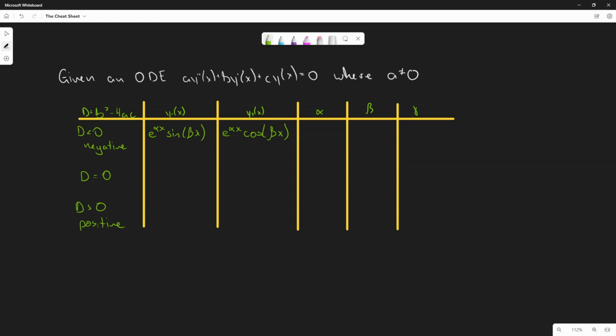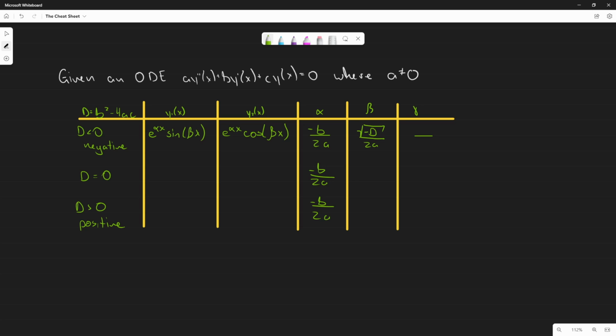It will be negative b all over 2a. Our beta, however, will be the square root of negative D over 2a. And because our solution does not contain a gamma, there is no case for gamma.